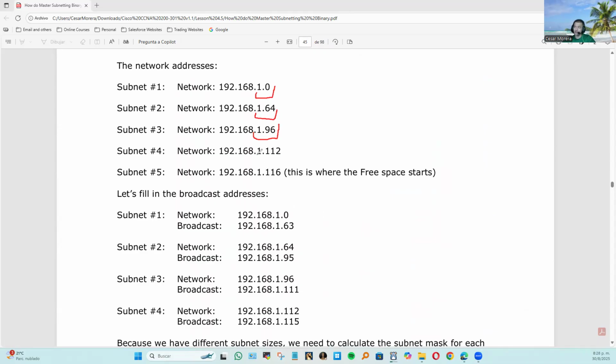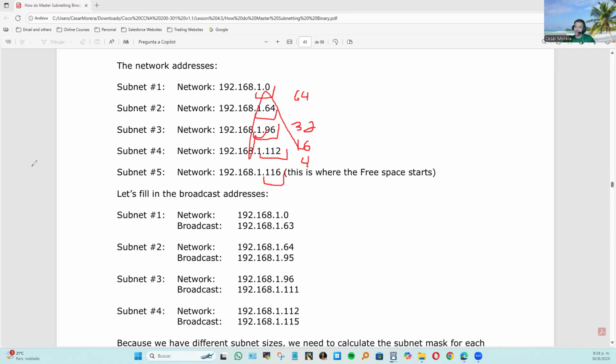Plus 16, we get 112 for the other one, and plus 4, 116 for the other one. So we were adding the 64 here, the 32 here, then we got the 16 added here, and we got the number 4. We were adding the blocks in order to complete the networks that we needed for this VLSM calculation.